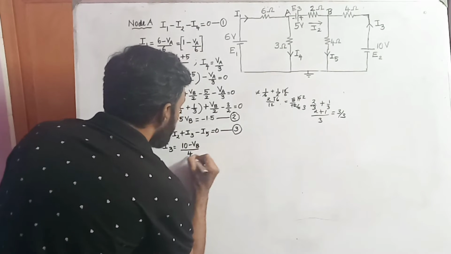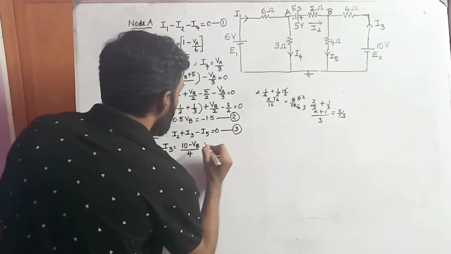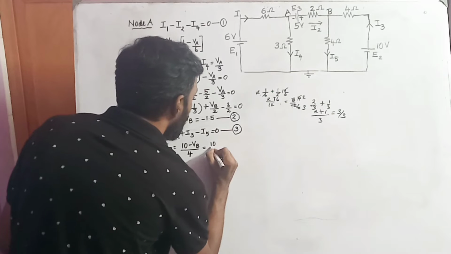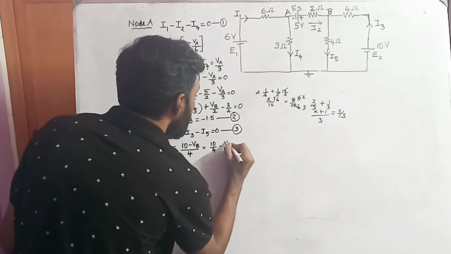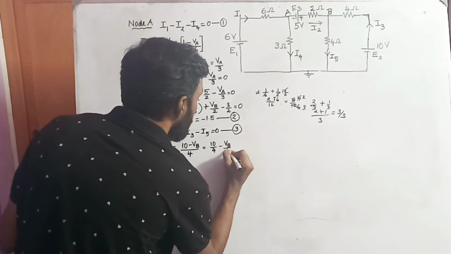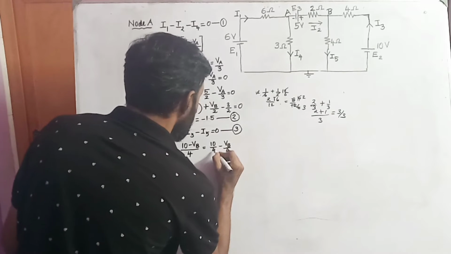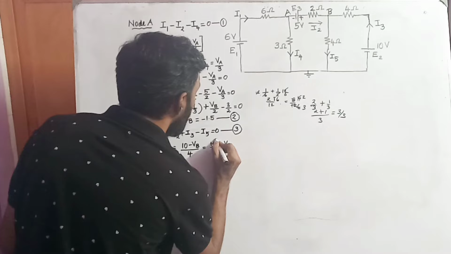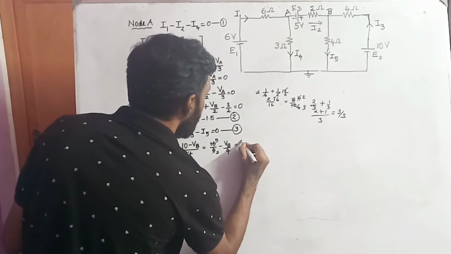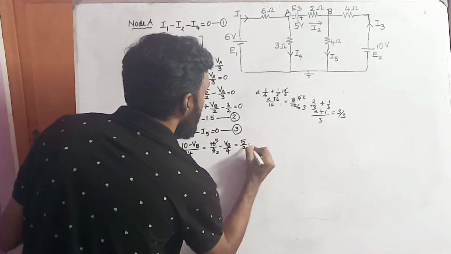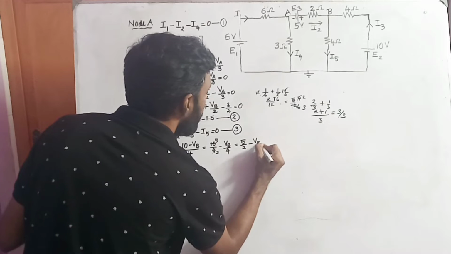So which is equal to 10 divided by 4 minus VB by 4. 2 2s are 4, 2 5s are 10, so that is nothing but 5 divided by 2 minus VB divided by 4.